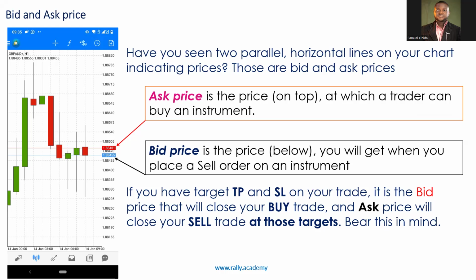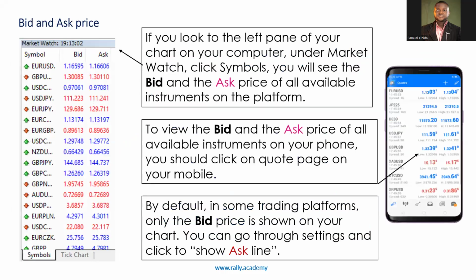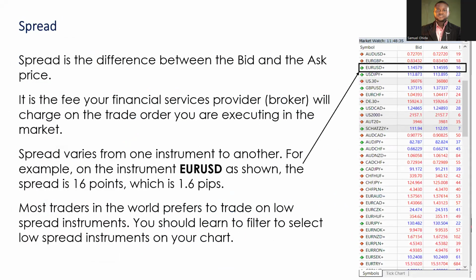You understand? So you could actually place it on your demo account and try it out and see how it works. But note that your ask price is above, your bid price is what? Below. That is ask price and bid price. And the difference between the ask price and the bid price is what we call spread, and that is the broker's fee.